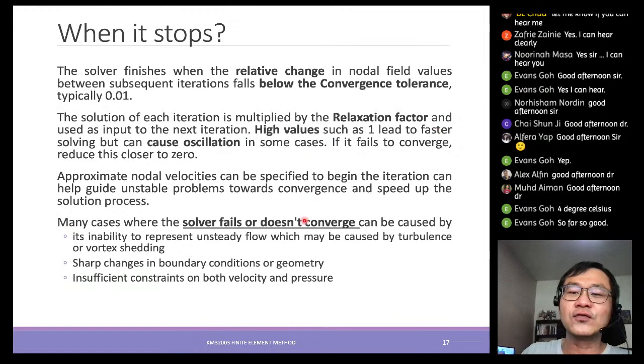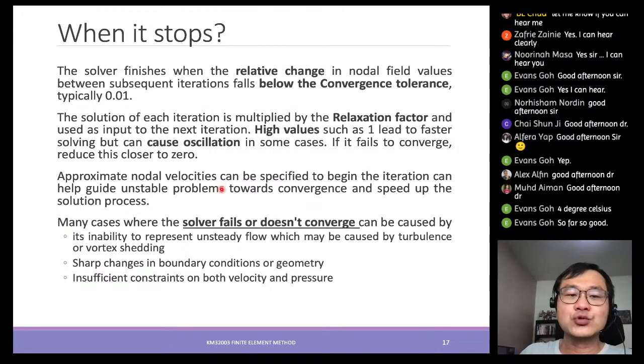It will move to the negative side, then you have to move back to the positive, negative, positive, negative, and so on. So if it fails to converge, the best way is to reduce the factors nearer to 0. Make it smaller, so that every time it will change a little bit, and so on.